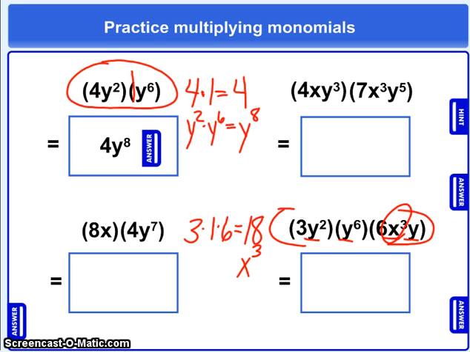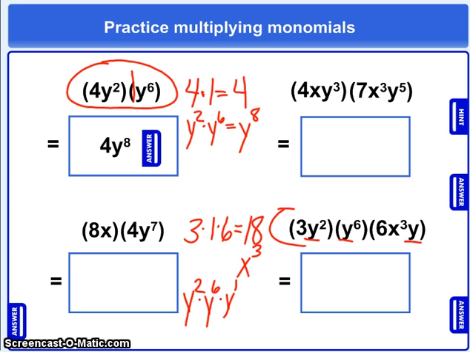Now I'm going to go back and focus on the y's. So focusing on those y's, I have a y squared in the first term. I have a y to the 6th in the second term. And I have just a single y, or a y to the 1st, in that third term.